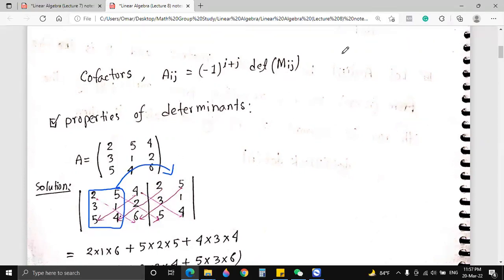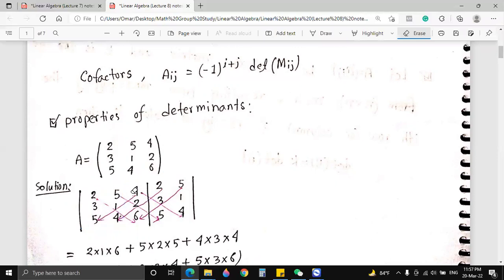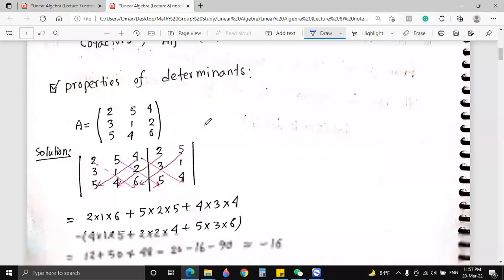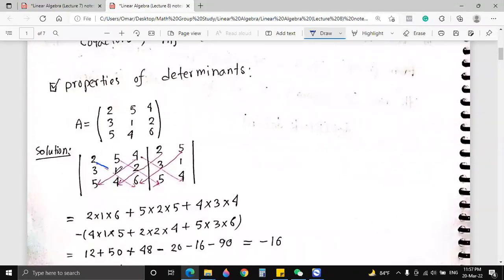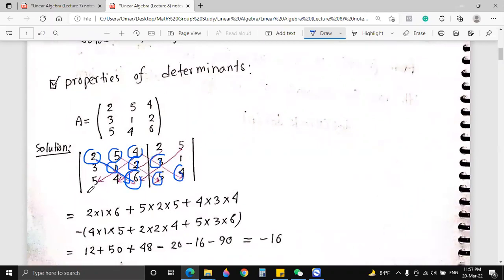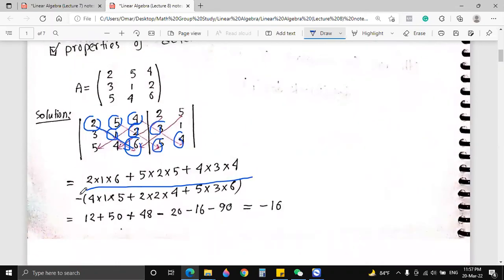Okay guys, and now we need to do the multiplication this way. So 2 multiply 1 multiply 6 plus 5 multiply 2 multiply 5 plus 4 multiply 3 multiply 4, and then minus, because we are doing the opposite, from right to left.